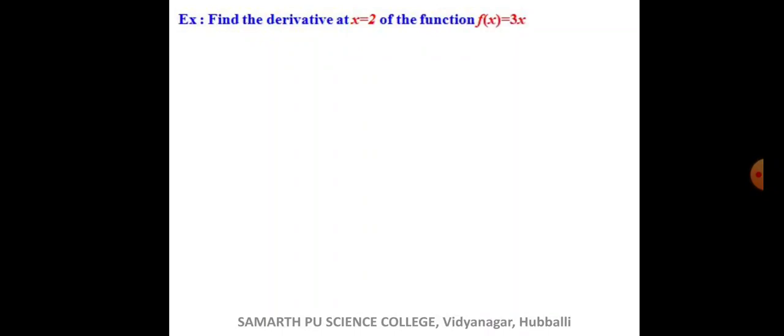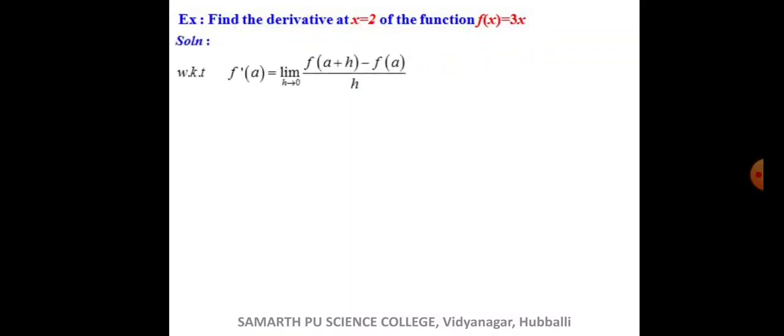So consider one example. Find the derivative at x equal to 2 of the function f of x equal to 3x. Here f of x equal to 3x is a function, and x equal to 2 is a point, that is a equal to 2.